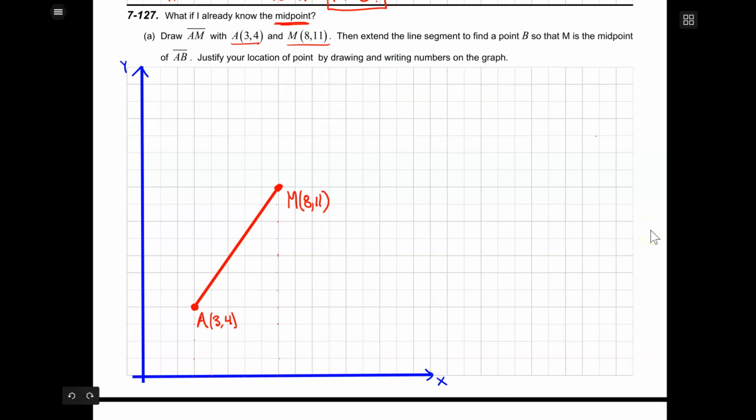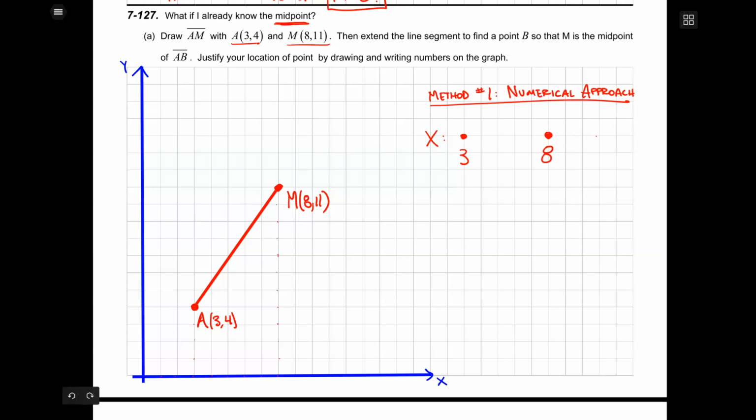So I'm going to show you 2 different ways to do that. I'll call method 1 a numerical approach. Let's first start by looking at x values. We know that the x value for point A is 3, and the x value for point M is 8.